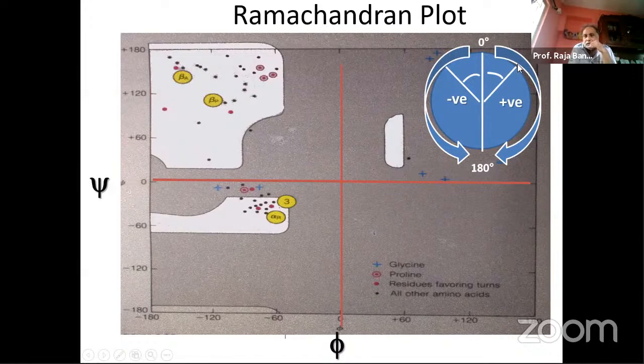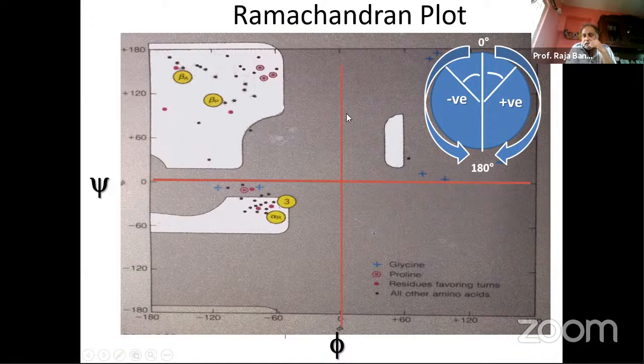Now this is 60 degree and this is basically 300 degree. But if someone asks what is the relation of 60 and 300, it is very cumbersome. But if you see this is plus 60 and this is minus 60, then automatically you can see these are nothing but mirror images of each other.